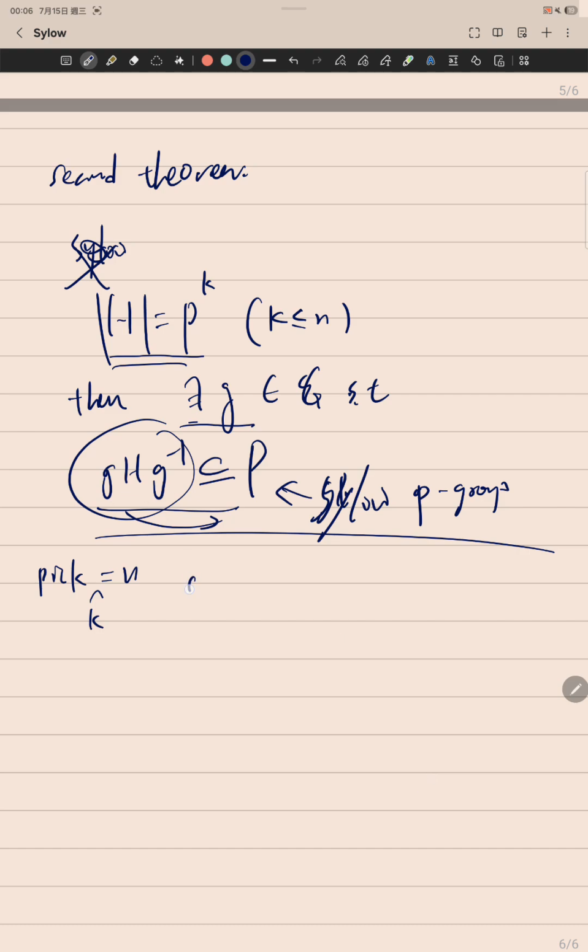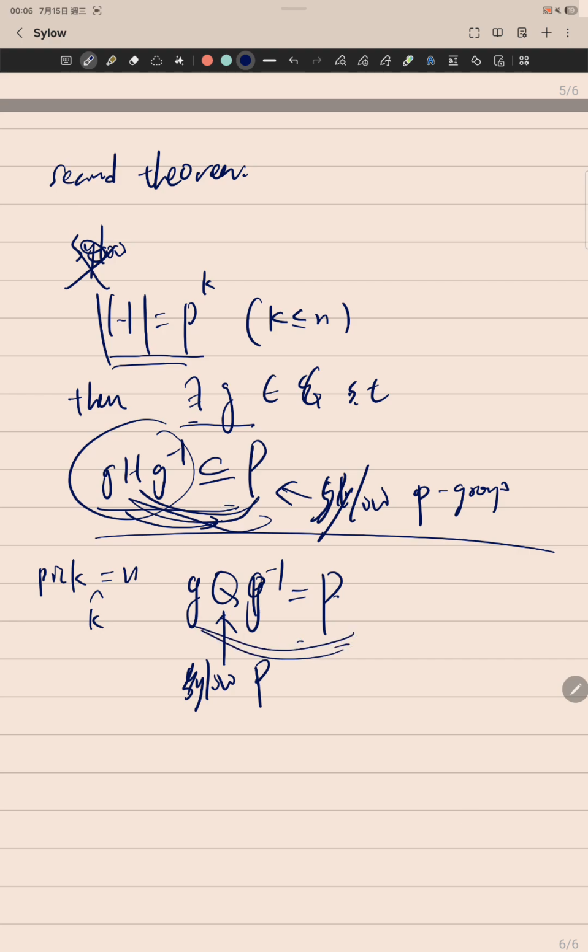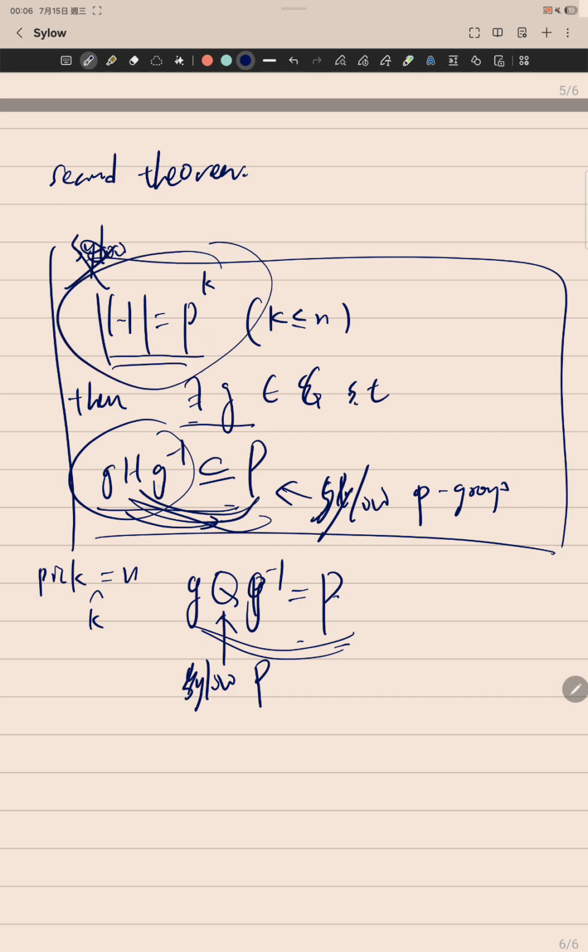Then this theorem becomes that g Q g^{-1}, for Sylow Q, is also a Sylow p-subgroup. It's the same as another Sylow p-subgroup because their sizes are the same. So it means that they are conjugate to each other. This is a much stronger result. You just say that every p-group, if you conjugate it, will be a subset of some Sylow p-subgroup.